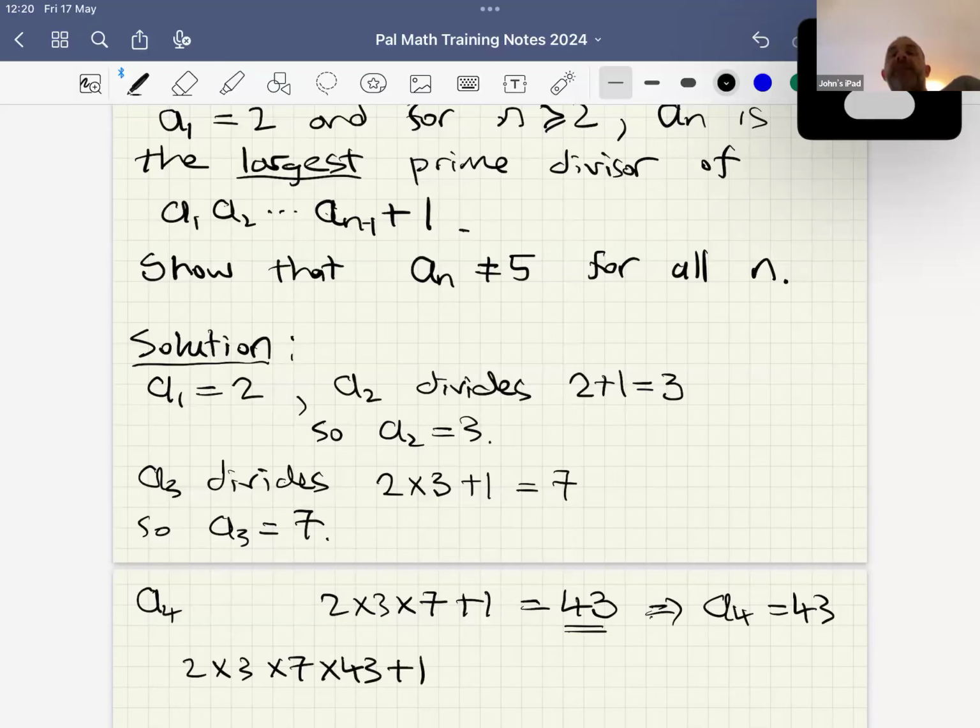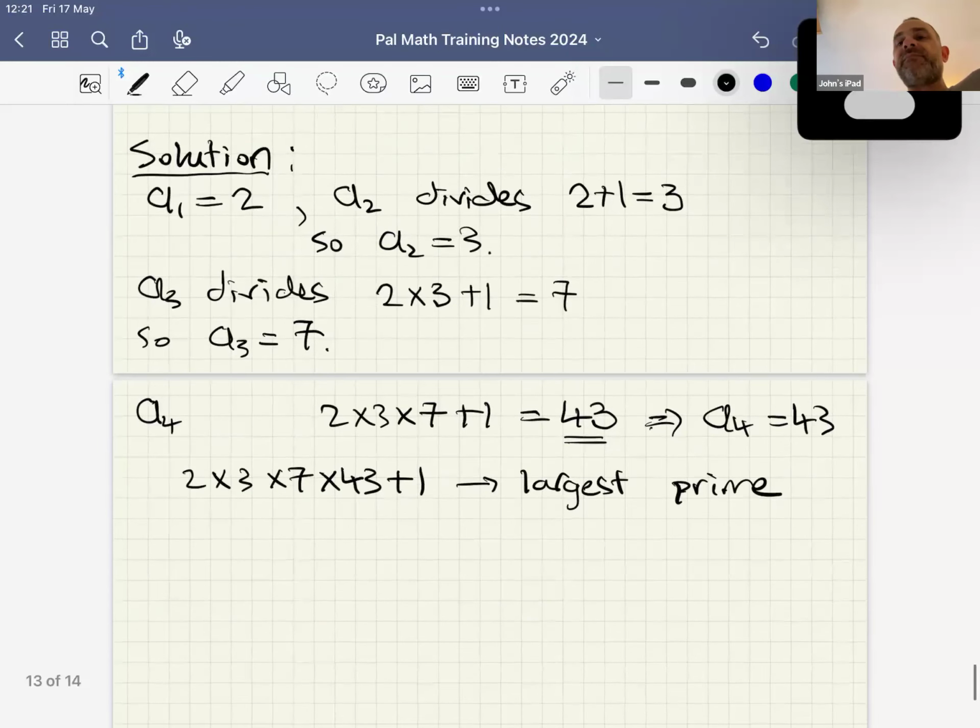I can't check this offhand, but if you work out that number, it turns out that 139 is the largest prime divisor. So the largest prime divisor is in fact 139.